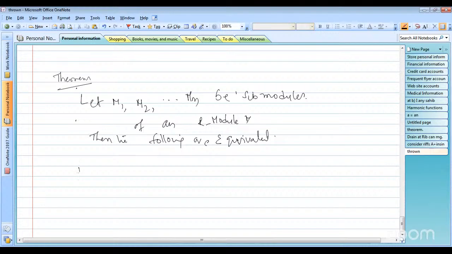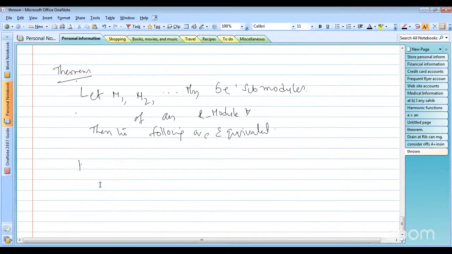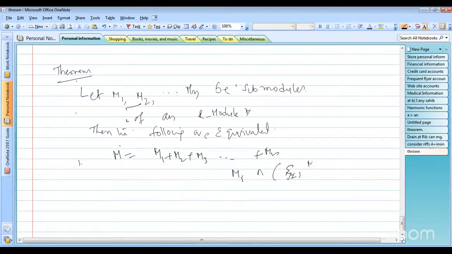The first condition: M is equal to M1 plus M2 plus M3 and so on plus Mn, and Mi intersection the sum over j not equal to i of Mj is equal to 0 for all 1 less than or equal to i less than or equal to n. That is the first condition.